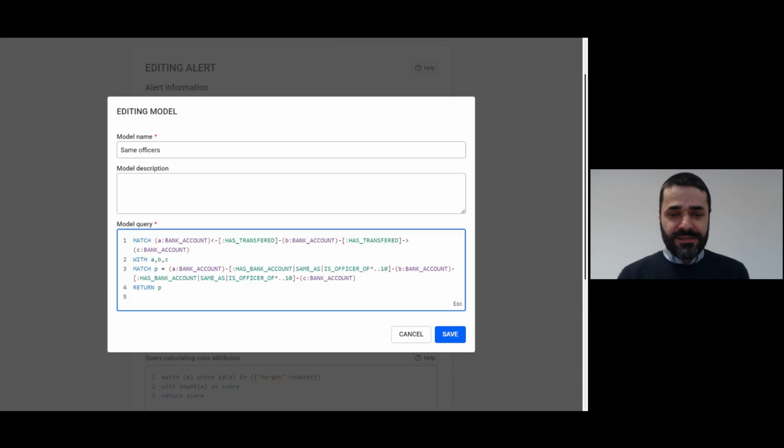So it's as easy as typing that query in the Linkurious Enterprise UI, and then Linkurious Enterprise will monitor the data and raise an alert, a case, I guess, every time that there's in the data an occurrence of the pattern that we have just described.